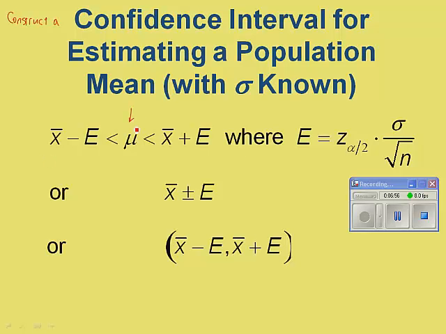We're going to pinpoint mu between two numbers, between x bar minus E and x bar plus E. And when it says confidence interval, that means I'm going to say something like, I want to be 90% confident, for example, that the mean is in between these two guys. What's E called again? Margin of error.